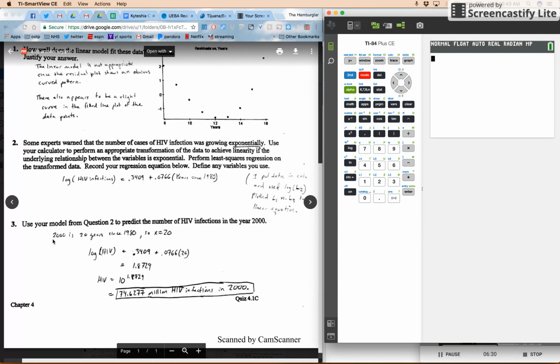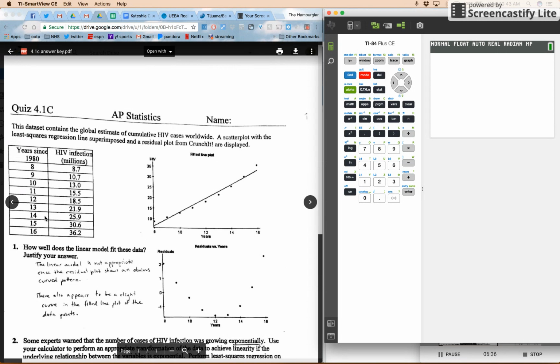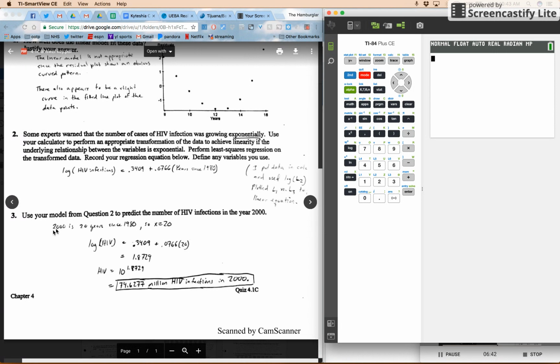It says that we need to use the model from question 2 to predict the number of HIV infections for the year 2000. So this table has data as the years since 1980. So the first thing you need to think about is that 2000 is 20 years since 1980, so we're going to use 20 as our x variable. So taking our equation, we plug 20 in for x.